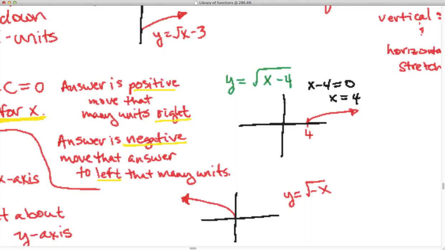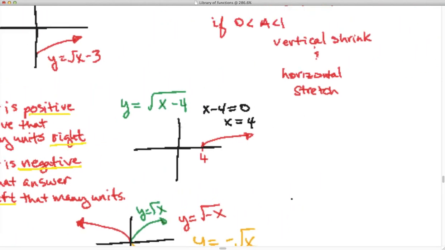Okay, but if I have a negative outside the parentheses, well, I guess I could do that in a different color. What that would do is it would take the original and flip it that way, upside down, about the x-axis, this being the original graph in green. Okay, these are all rough sketches, so you're just supposed to get the concept here.